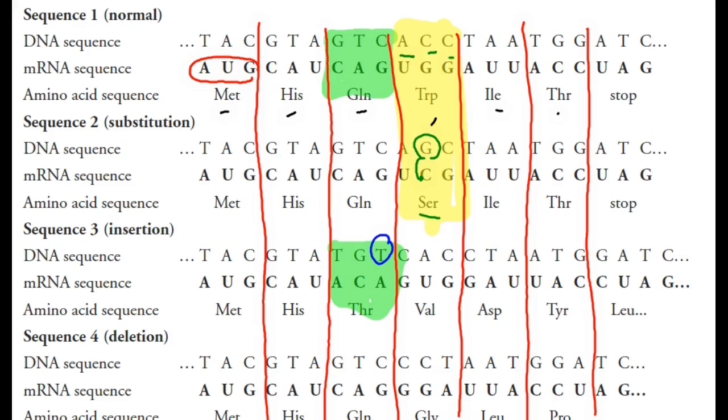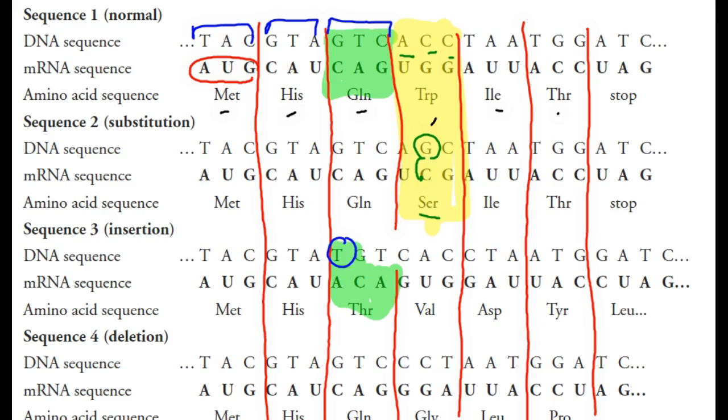If you look at how the first DNA sequence is read, that's the first 3. This is the second codon, this is the 3rd codon, etc. However, because we have an additional thymine that has been added, sorry, it's this thymine.